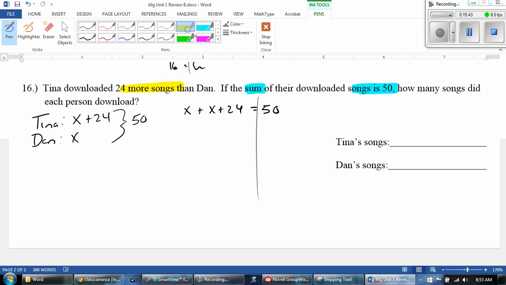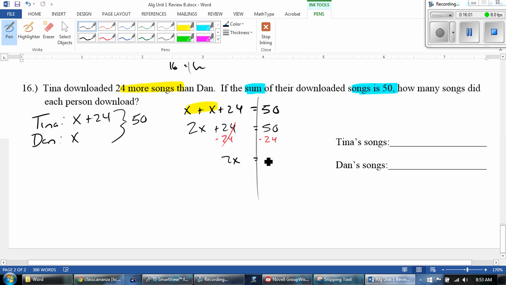All right, so we would combine our like terms. x plus x is 2x. And hopefully, guys, these should be pretty quick for you now. We know that we have to subtract 24 from both sides. 50 minus 24 is 26. And to get the x by itself, we divide both sides by 2 to get x equals 13.